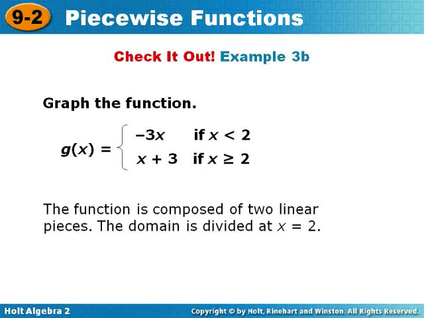Keep in mind here again as you draw, the first function has an open circle shading left for less than. The second one, the lower one, is going to have a closed circle with the ray going to the right to indicate greater than or equal to.